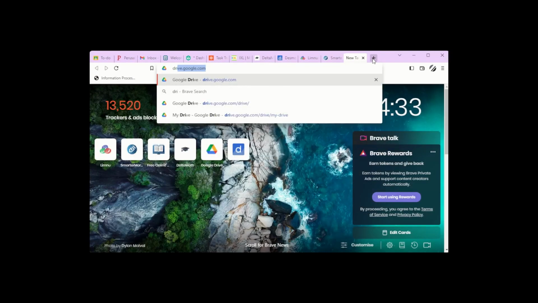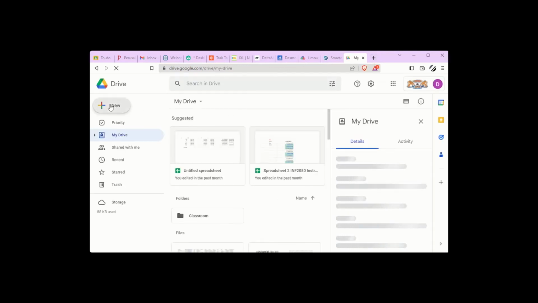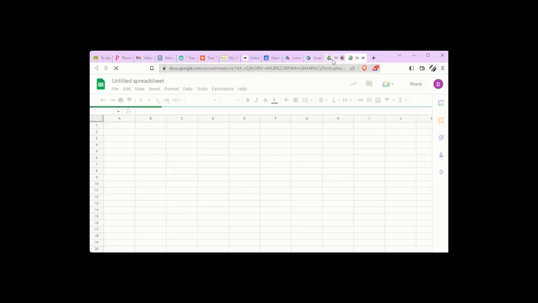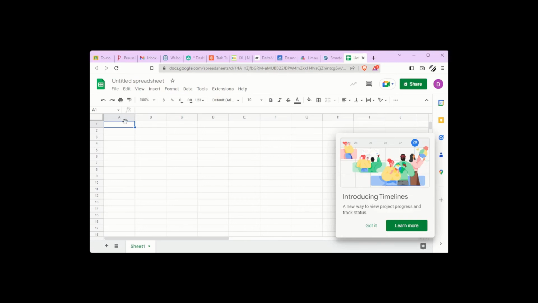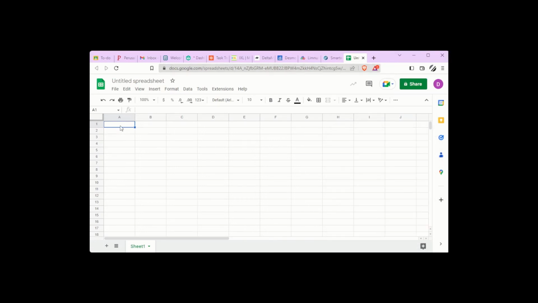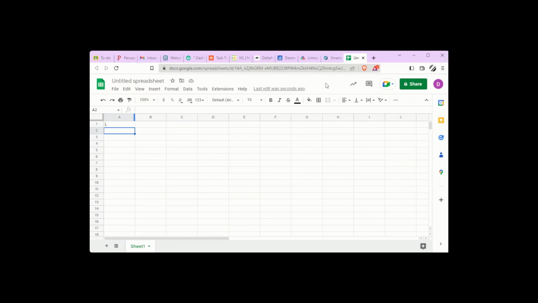So I'm going to do this as a spreadsheet here. So I don't think I can copy. So our length, okay, I don't need to see timelines here. We start with 1.15 and go up 0.15 each time.